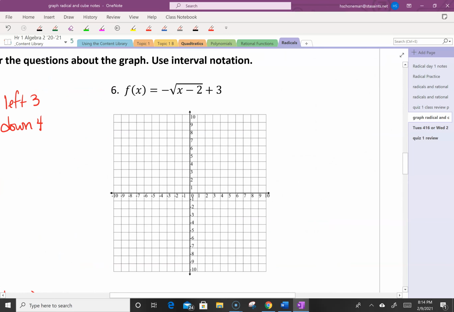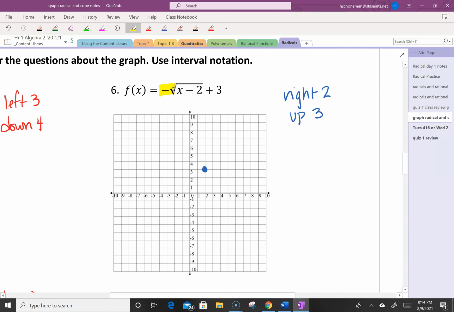Okay, let's look at number 6. The negative 2 tells me that I'm going to go right 2. And the positive 3 tells me that I'm going to go up 3. So starting right 2 and up 3, that is my starting point. From my starting point, I'm going to use the pattern. My pattern says that I'm going to go over 1 and up 1, over 4 and up 2, over 9 and up 3.